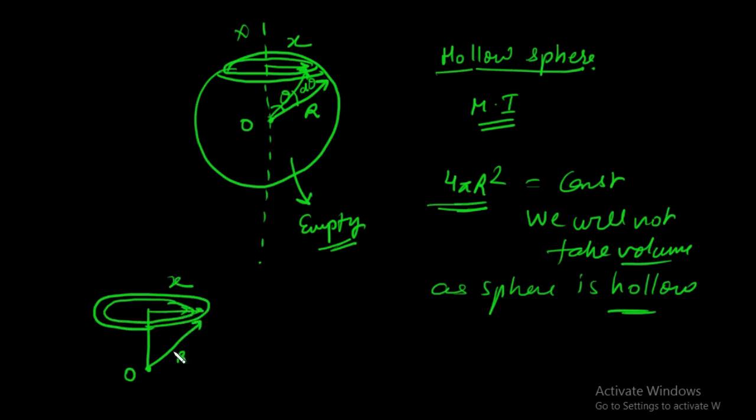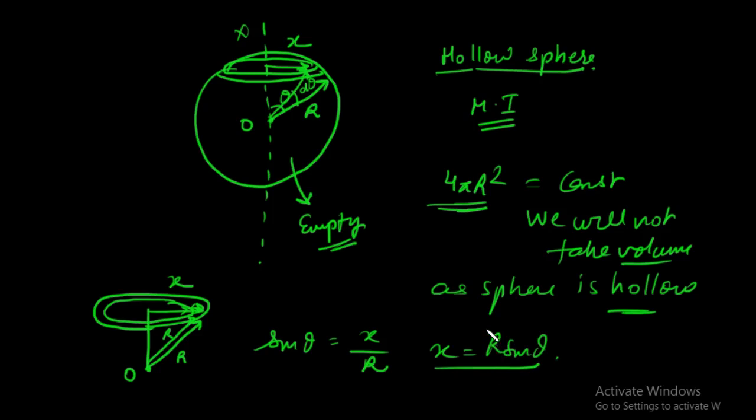And this is the width of the ring. Now this is also r. So what is sine theta over here? Sine theta would be equal to perpendicular, which is x, divided by hypotenuse, which is r. So x divided by r. So x would be equal to r sine theta.